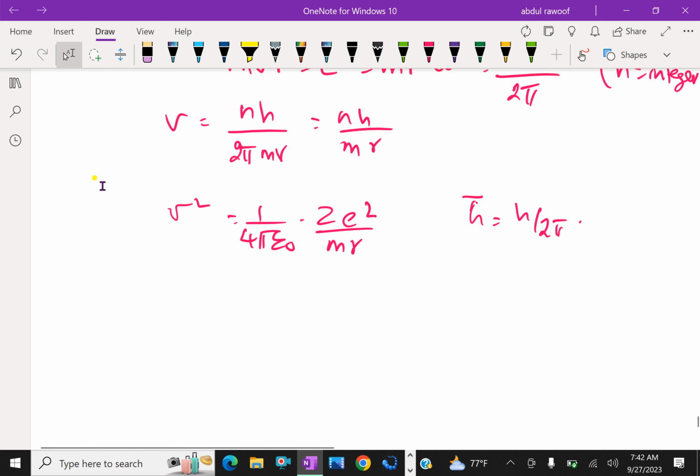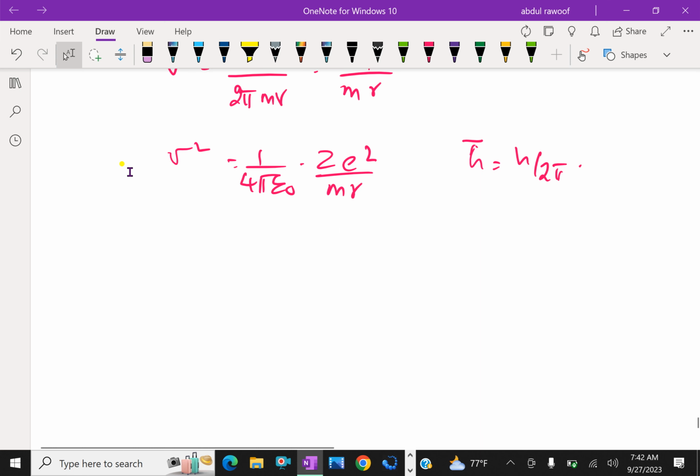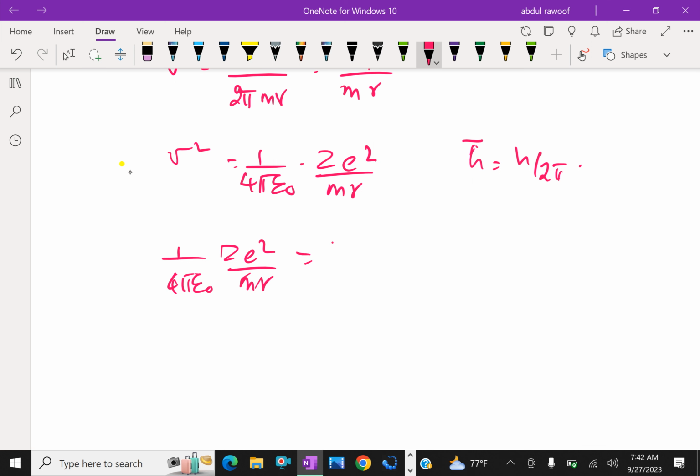This yields, from the above equations, 1 by 4 pi epsilon 0 Z e squared over mr equal to n squared h squared over m squared r squared.